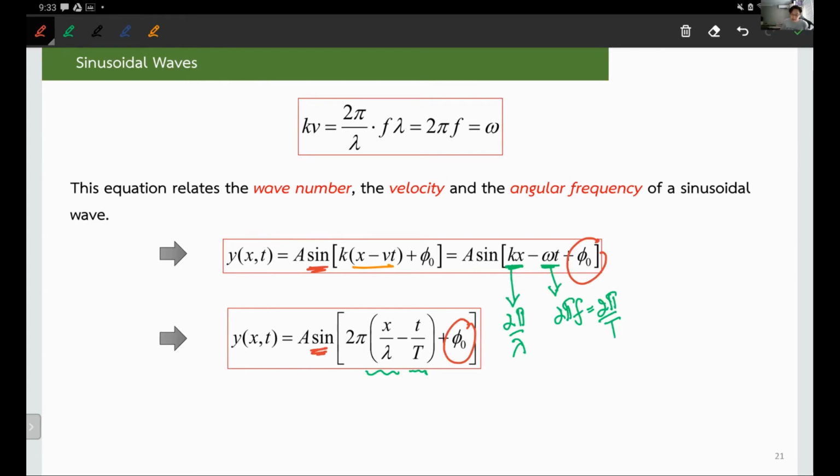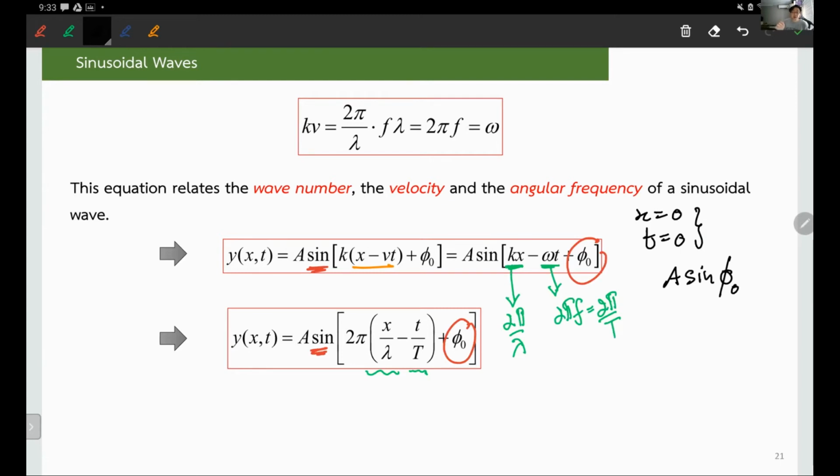Why is that? Because I can set x equal to 0, t equal to 0. That means that is your position of x equal to 0 at time 0. Where is the value of the function? The function will go to sine phi naught. You guys with me?